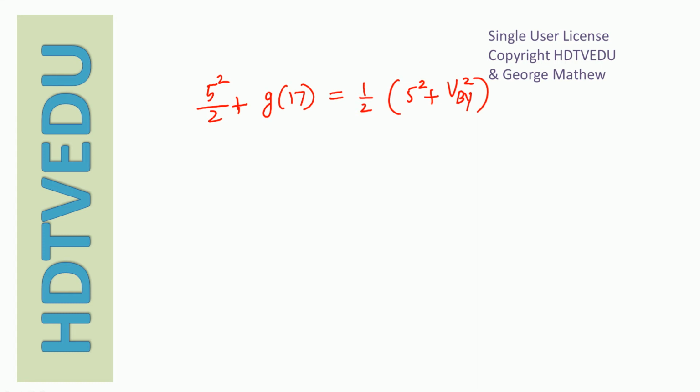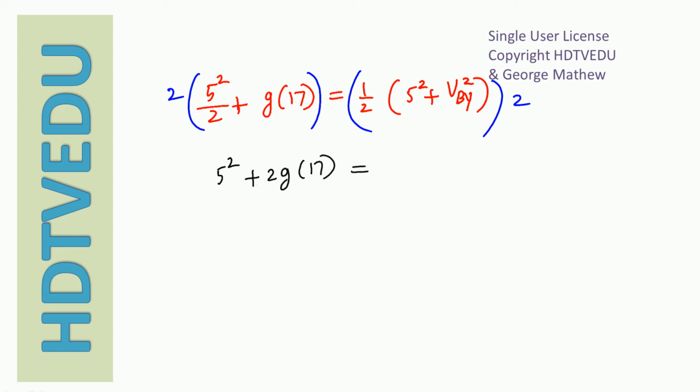We have division by 2, so we multiply both sides by 2. When you multiply by 2, you get phi squared plus 2 times g times 17 equals phi squared plus vby squared.